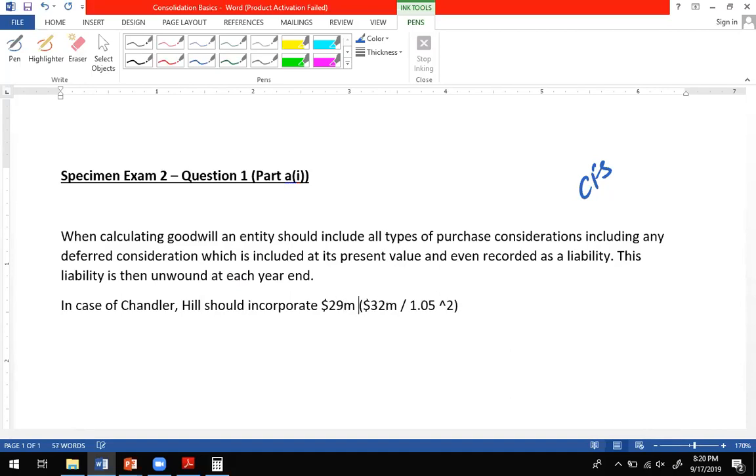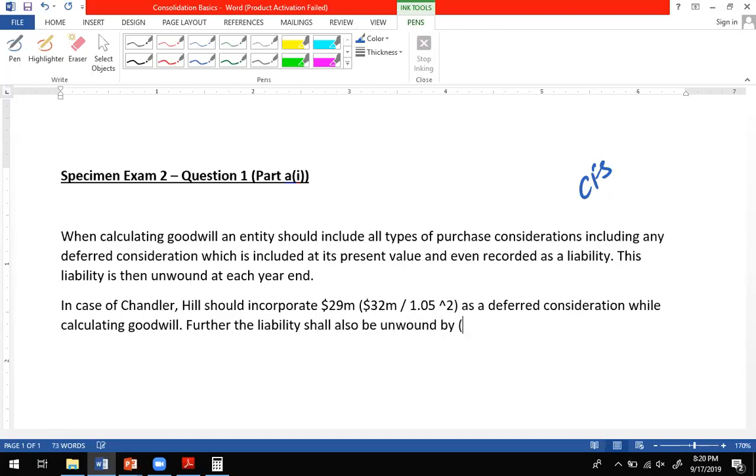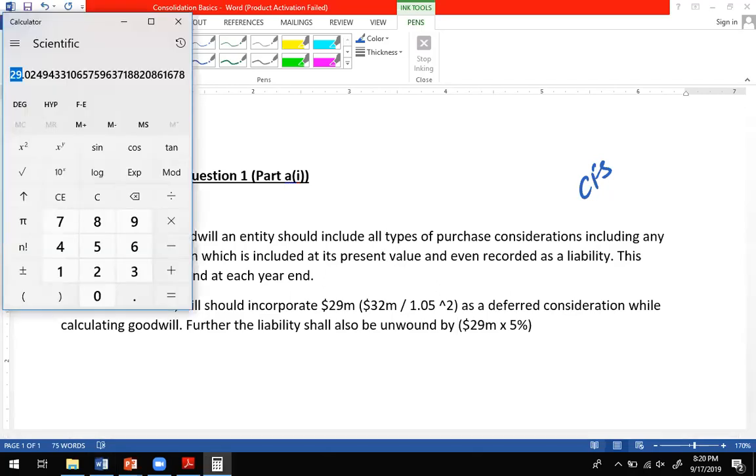So we are going to say that Hill should incorporate $29 million as a deferred consideration while calculating goodwill. Further, the liability shall also be unwound by how much? $29 million into 5%, which is going to be 29 into 0.05.